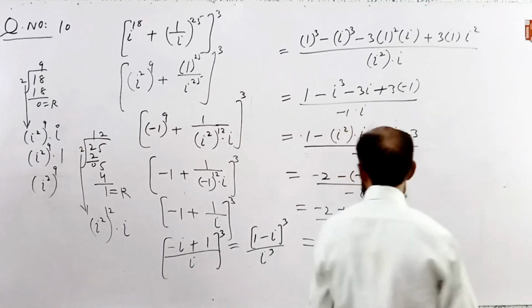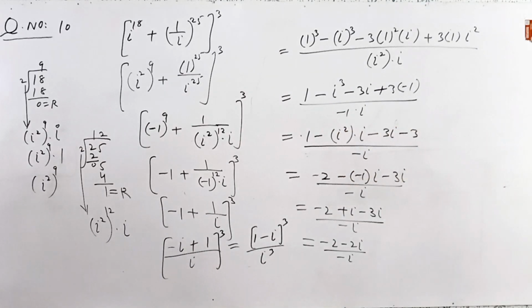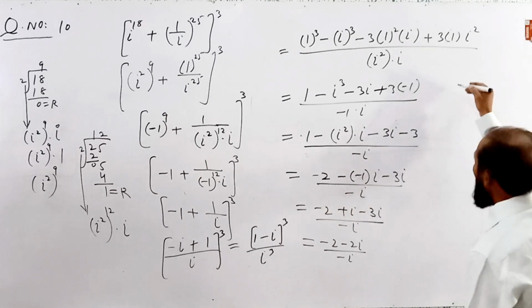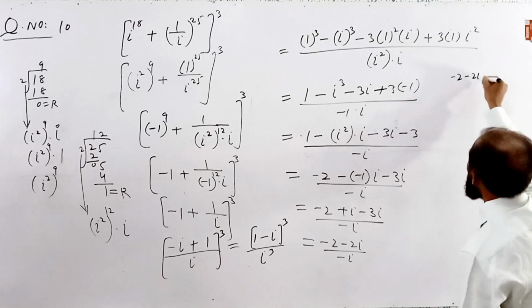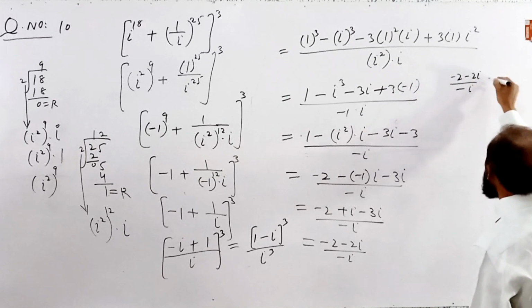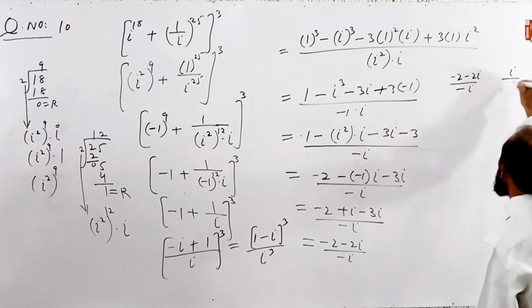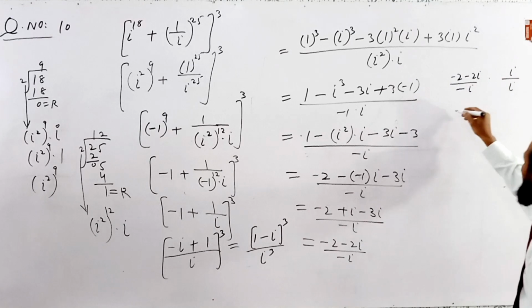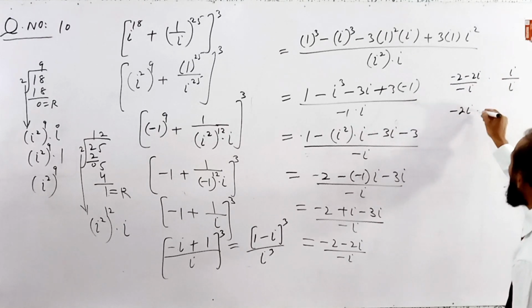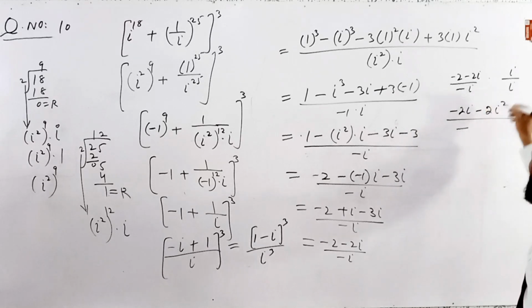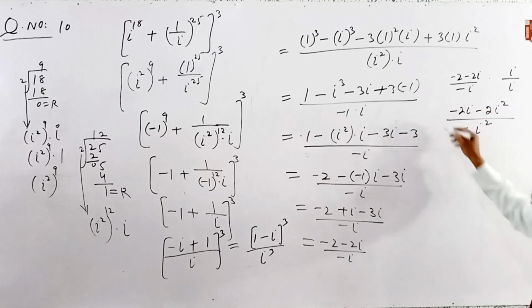Once again here we divide and multiply by the conjugate of this one. So we write minus 2 iota minus iota. If we take the conjugate of this it will be positive. Now we multiply this one: minus 2 iota square divided by minus iota multiplied by iota square.